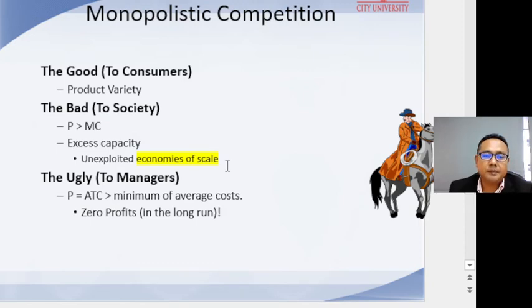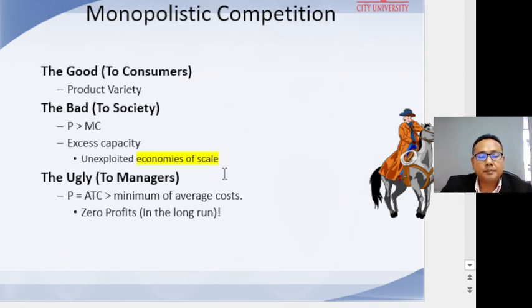So monopolistic competition normally is a bigger company, can apply for a big loan, and has big capacity in its capital. So instead of producing one product, they will produce maybe two or three products in the market with the same purposes. So that's what we call economies of scale, right?